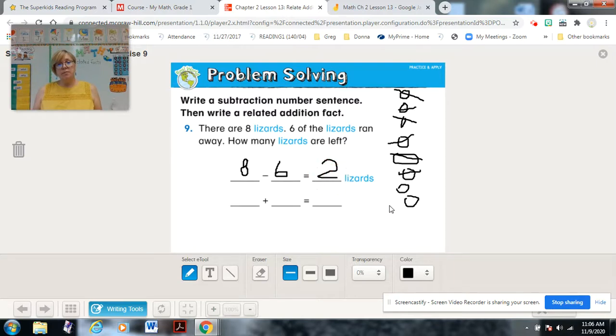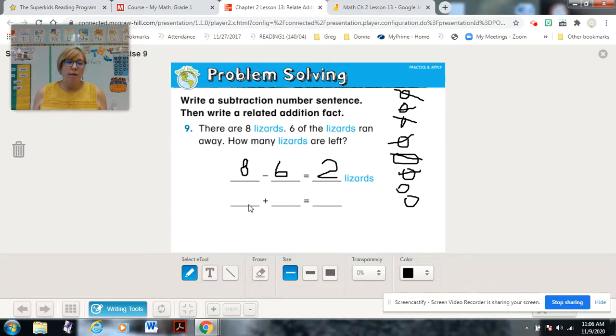All right. Now they would like us to make a related addition fact. Okay. So, what numbers? Remember, you're taking the 2 parts and making it whole. So yes, this is where we start with the 2 smaller numbers. Now it doesn't matter which 2.